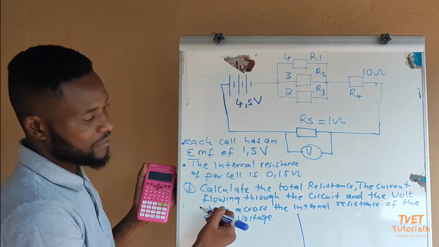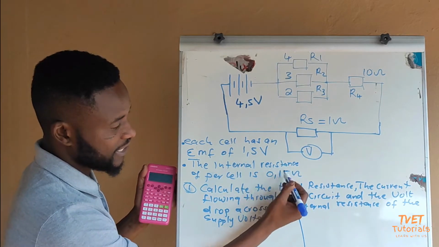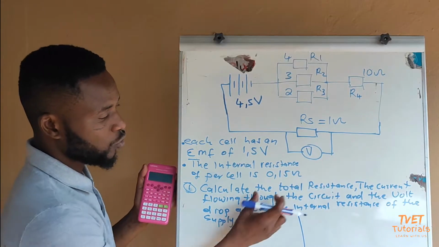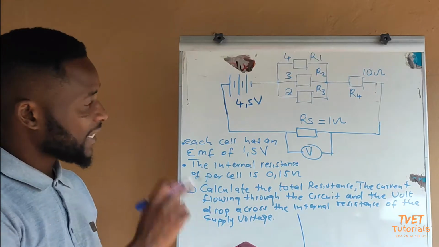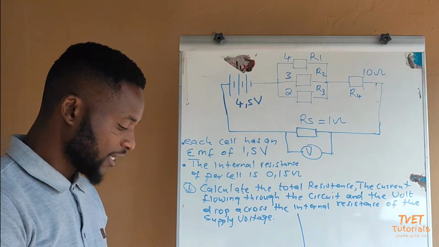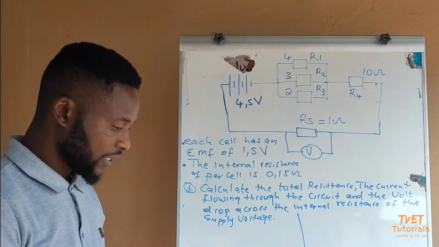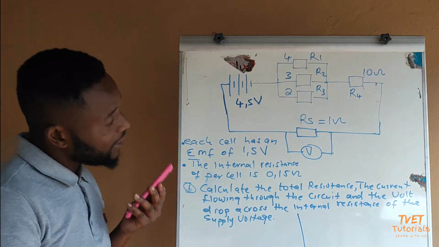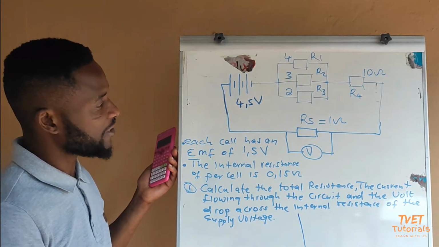We're going to do the same here. We have 3 cells, and each cell has an internal resistance of 0,15, so we multiply 0,15 by the number of cells. It's 3 multiplied by 0,15. So the total internal resistance now is 0,45.